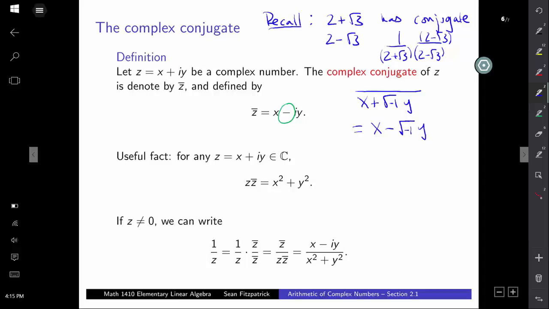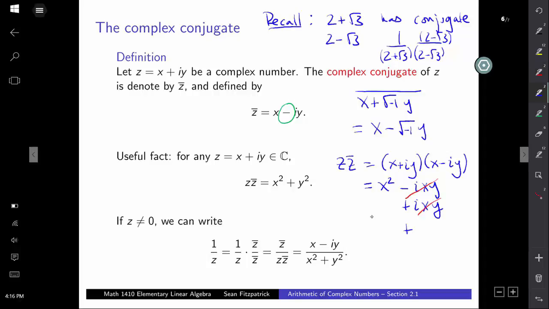You always get a positive real number because z times z bar is x plus iy times x minus iy. So you have sort of a difference of squares thing going on here. You get x squared, then you get minus i xy, then you get plus i xy. Well, those are going to cancel.